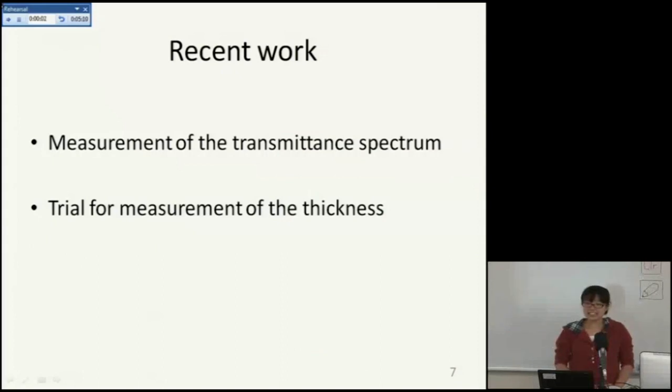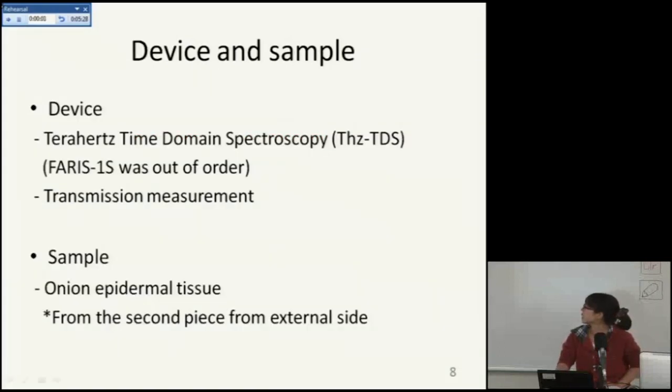And next, I want to explain my two recent works: the measurement of the transmittance spectrum and the trial of the measurement of thickness of the sample. First, I will explain the transmittance measurement. These are the device and the samples I used for the experiment.